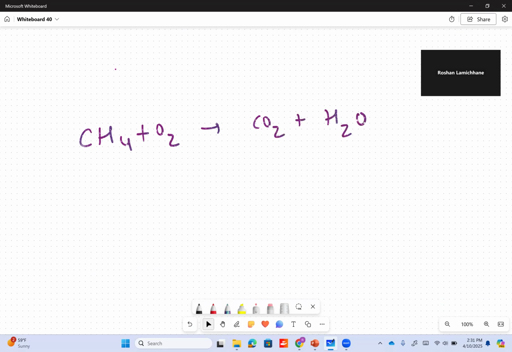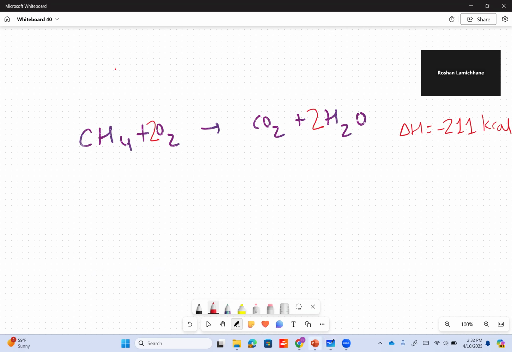I'm going to write down my balanced chemical equation, where I have 2 in front of oxygen and then 2 in front of water. All right. Now, what is this telling me? It's basically my delta H value, or 211 kilocalories heat is released.